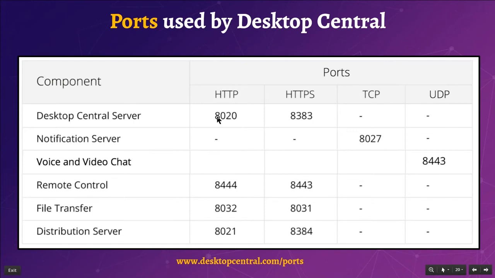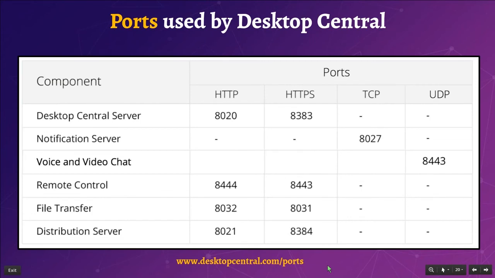Even agent-server communication happens on 8020, and server-to-agent notification happens on 8027, which is TCP port. And even you can make this agent-server communication happen securely on a secure port, which is HTTPS port, which is 8383. To know more about the ports, you can visit this below link, desktopcentral.com ports.